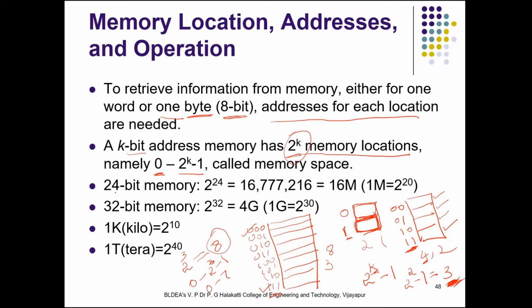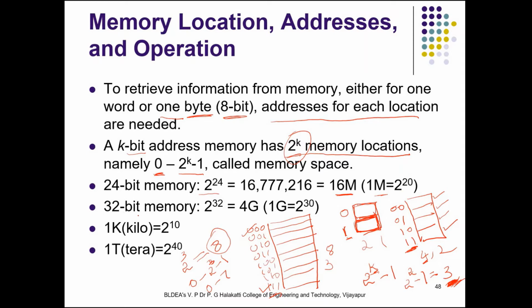So if there are 24 bit memory addresses, then the number of memory locations is 2 raised to 24, which is equal to 16M. Usually we represent 1M as 2 raised to 20.